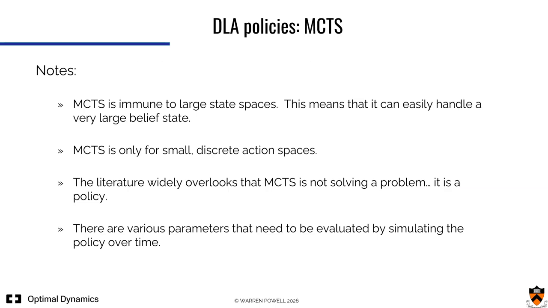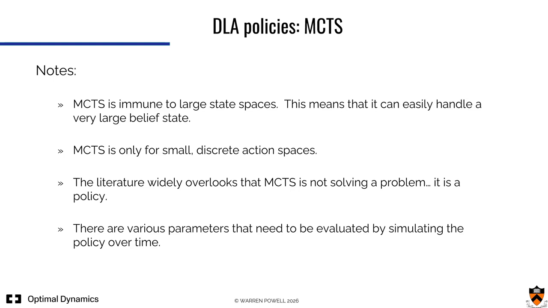One of the things nice about MCTS, it's immune to large state spaces. Okay, so whereas vanilla dynamic programming can't handle vectored value state spaces, can't handle continuous state spaces, MCTS is immune to all that. I can handle high dimensional states, I can handle continuous states, which also means that it's very powerful when you're updating beliefs.